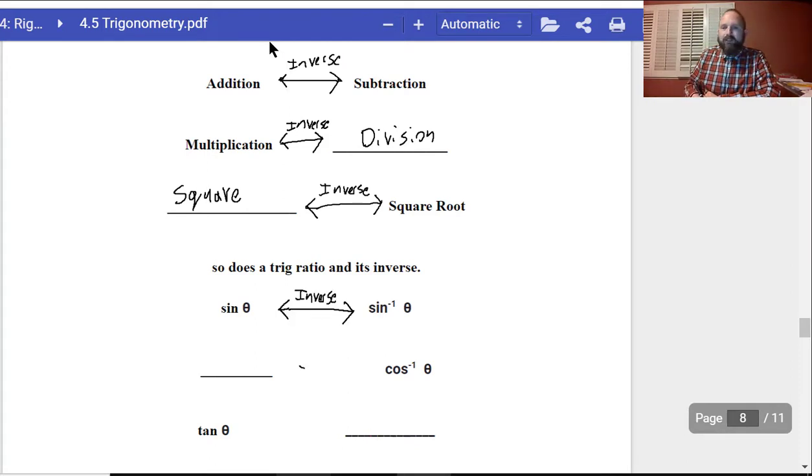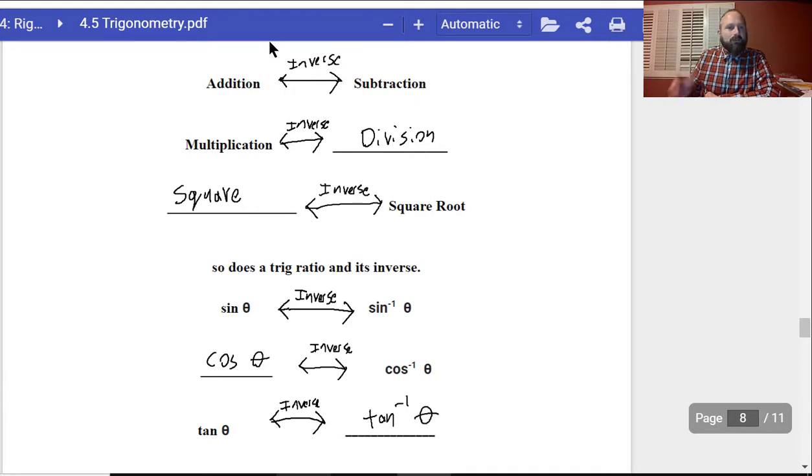The inverse of cosine would be the cosine inverse. And if we had the tangent, and we want to cancel that one out, we'd have to find the inverse of the tangent.